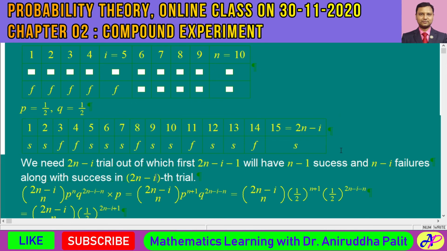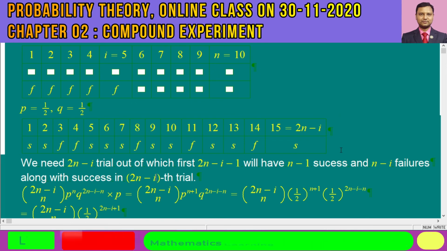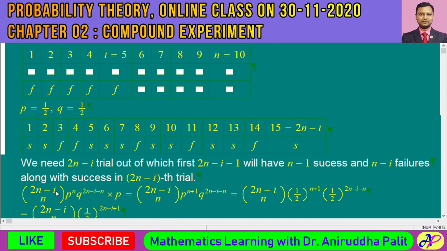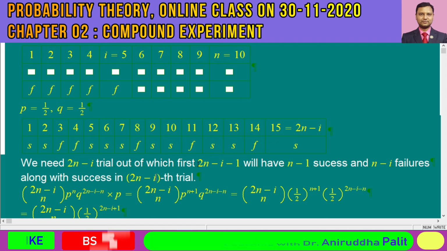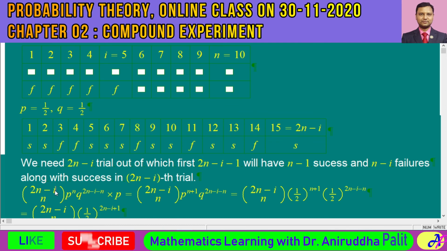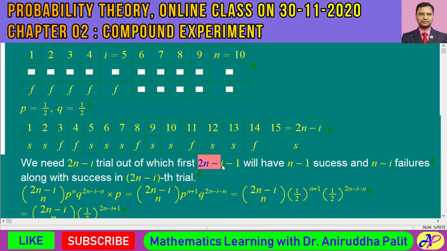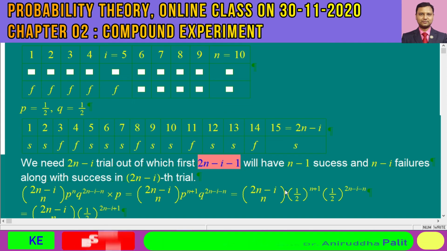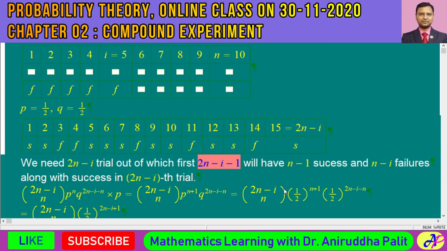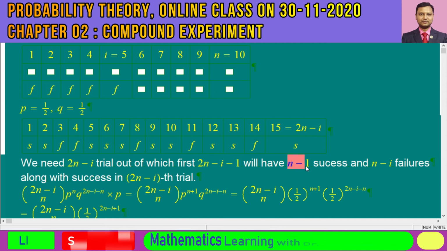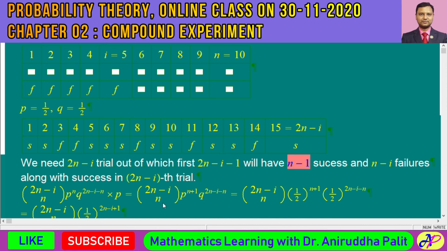Therefore, the problem is very similar to the previous one. In the previous problem we had twice n minus i number of trials. Instead of that, we right now have twice n minus i minus 1 number of trials, and out of these we have n minus 1 successes.